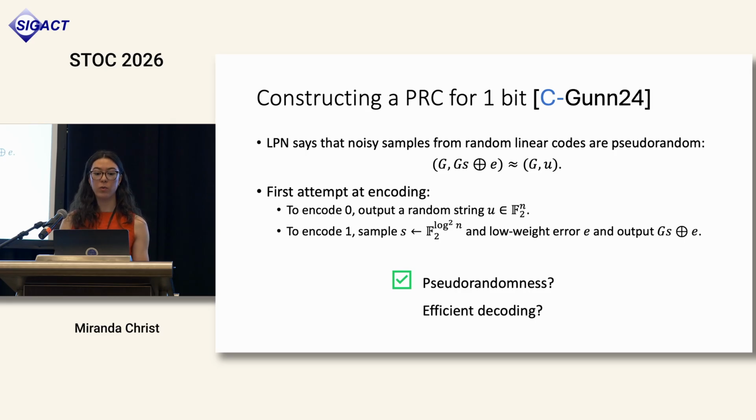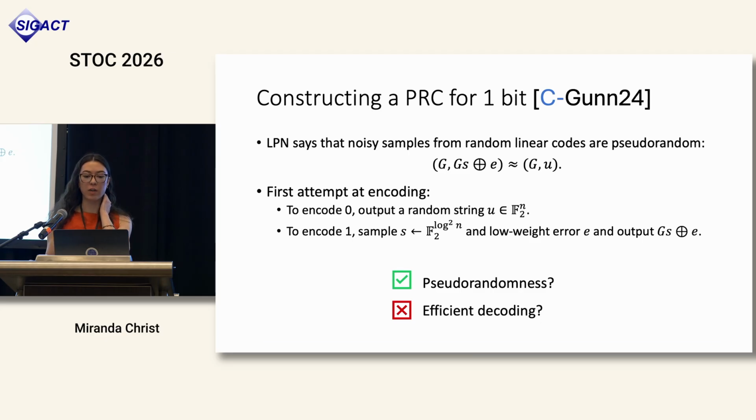We can't distinguish between these 0 and 1 encryptions and uniformly random vectors. But what LPN also tells us is there's no way to distinguish between our encryptions of 0 and our encryptions of 1, exactly because we can't distinguish between these noisy random codewords and uniform.